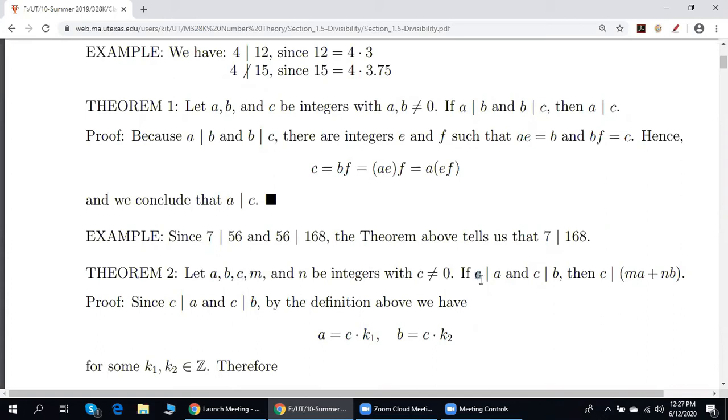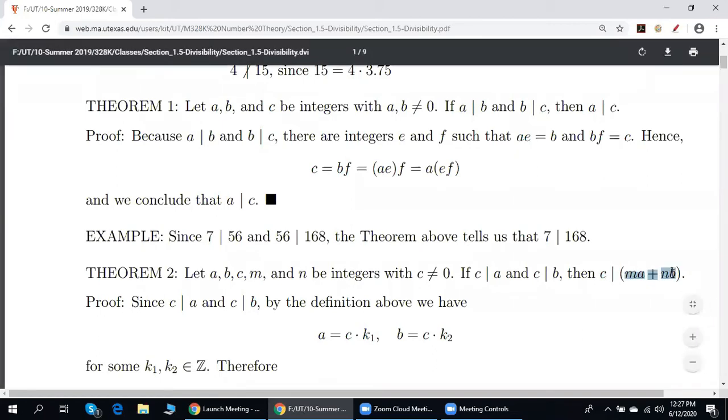If C divides both A and B, then C divides any of their integer linear combinations. By linear combination of A and B, we mean this expression: A times M plus B times N.